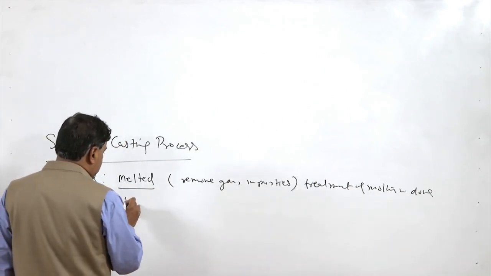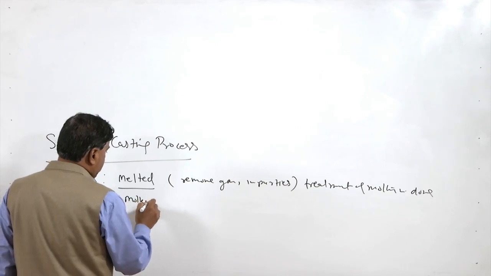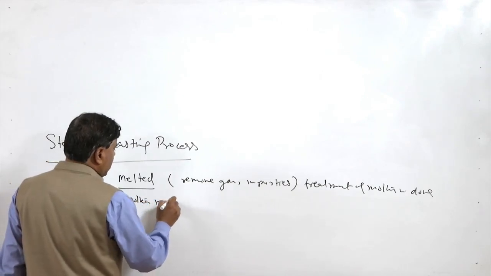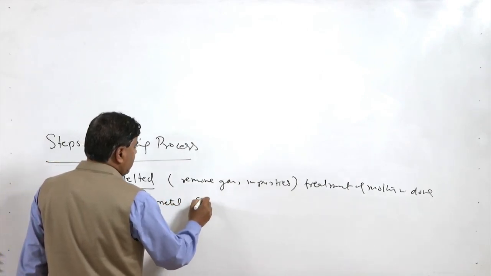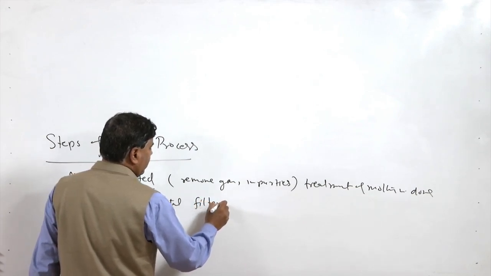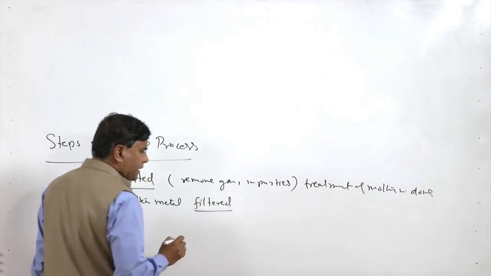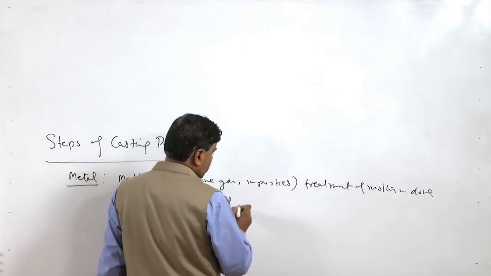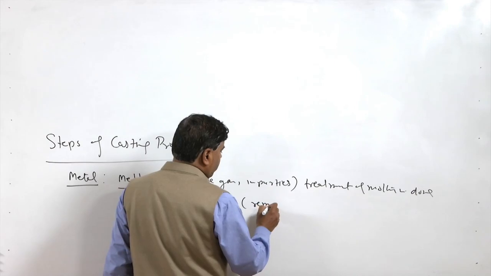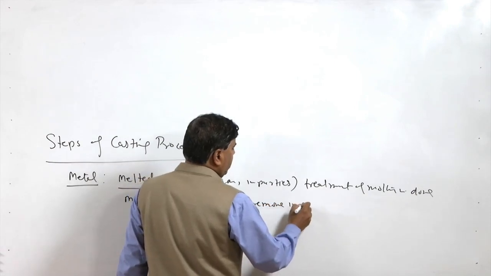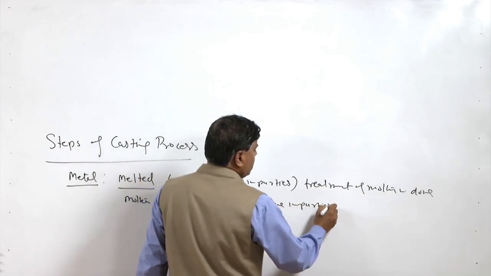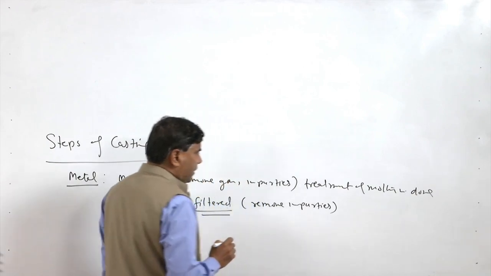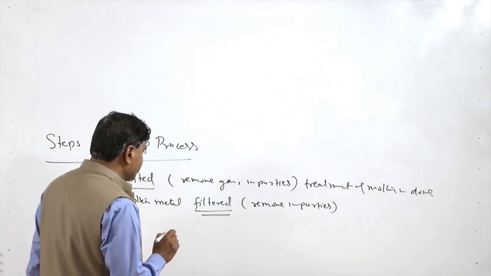This molten metal is filtered. This filtering can be in the mold or out of the mold process, just to remove impurities, dross, traces, oxides, etc.